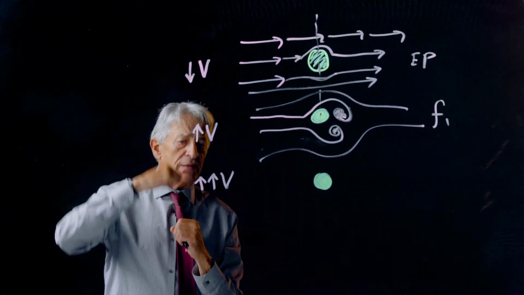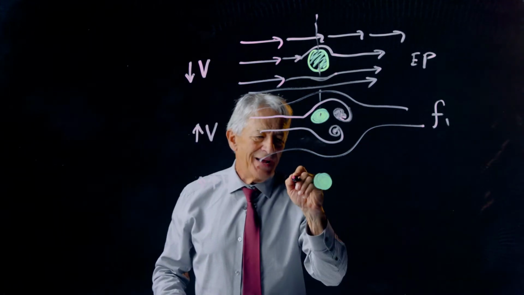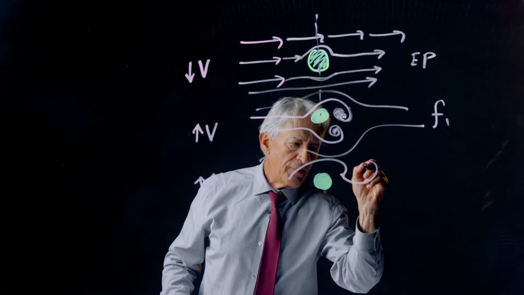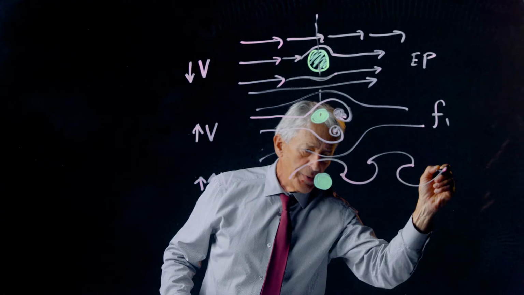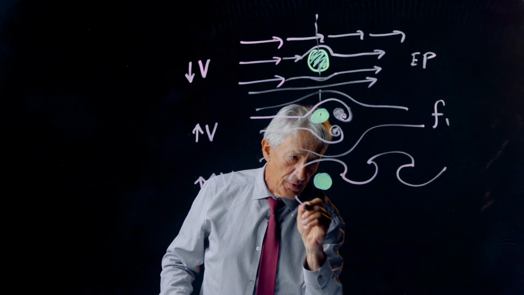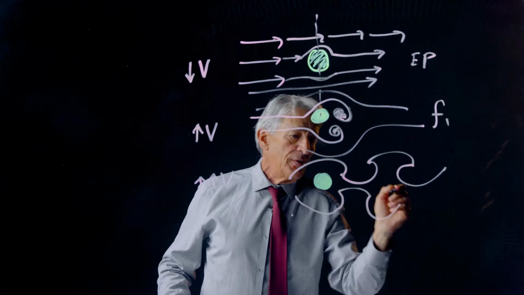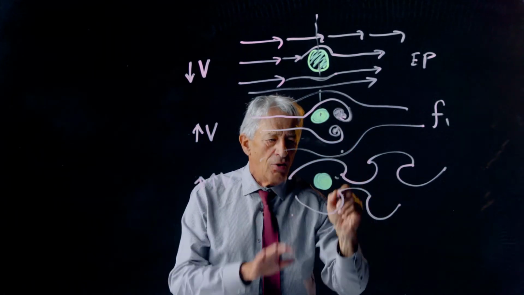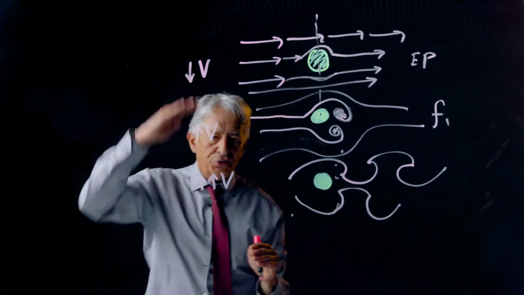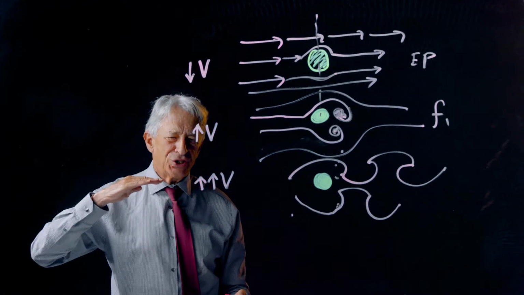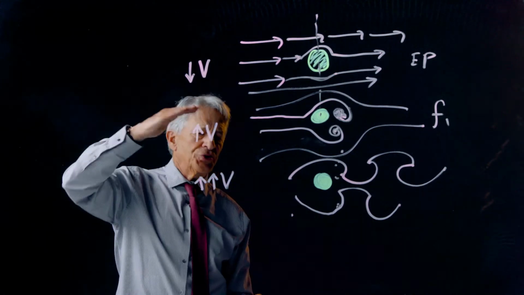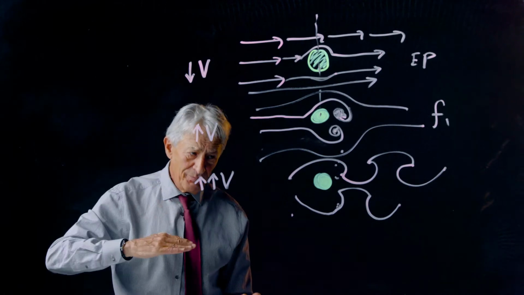They're now peeling off top and bottom. So you get a peel off there and a peel off there and a peel off there and a peel off there. Meanwhile, the flow on the bottom is doing this. And vortices are alternately shedding, it's called vortex shedding, top and bottom.